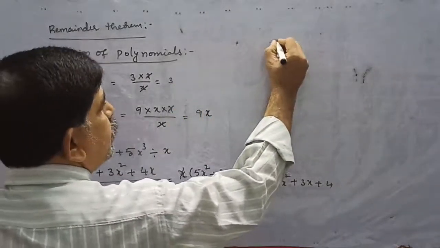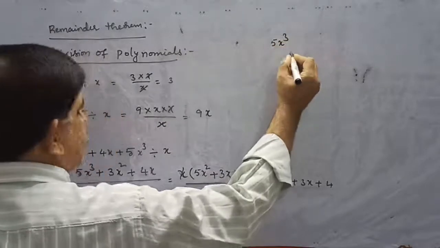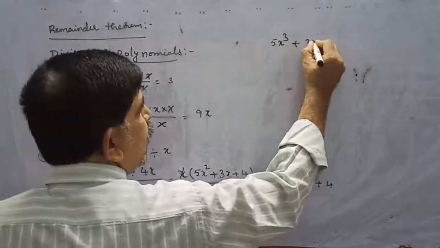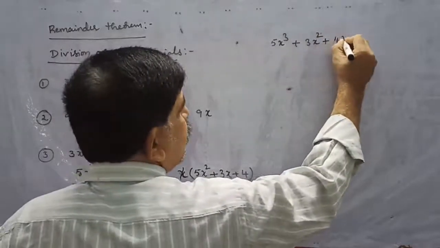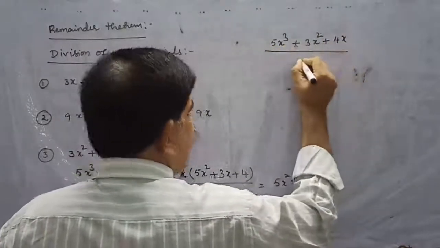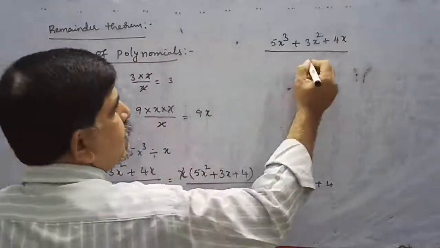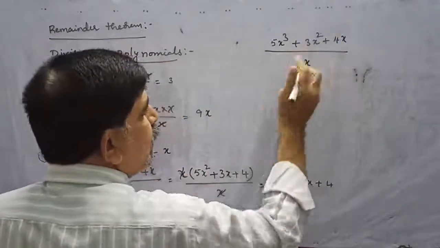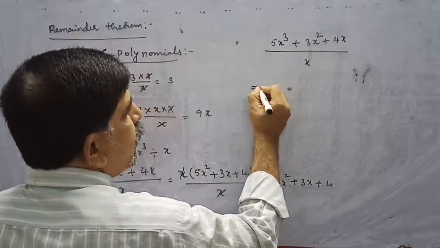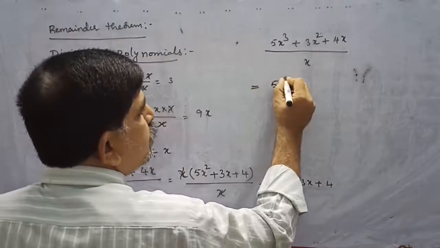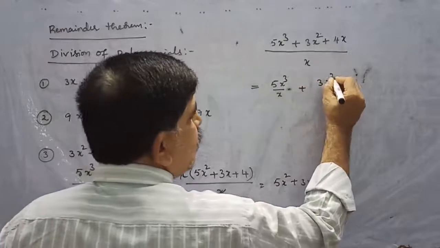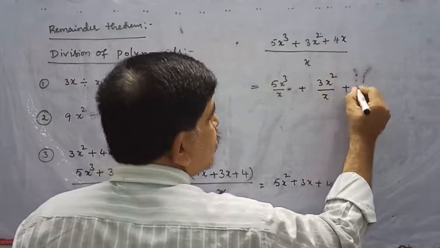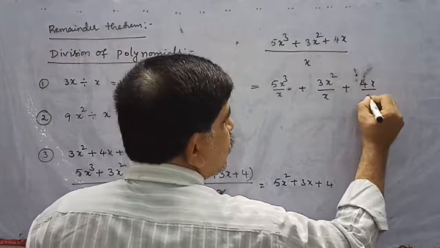5x cube plus 3x square plus 4x divided by how much? By x. Right? Now split the values. How to split? 5x cube by x plus 3x square by x plus 4x by x.